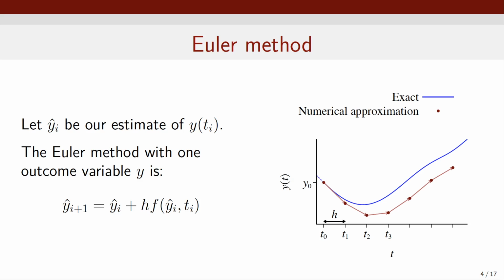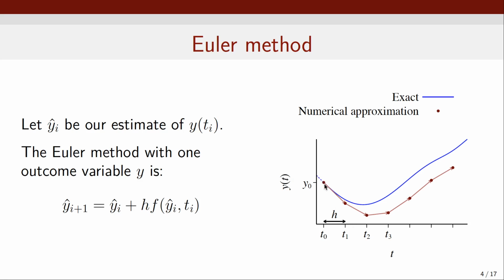Okay, so the first method we encountered when solving ODEs was the Euler method. That was based on approximating the slope at the first point, time ti, with the slope calculated as y at ti plus 1 minus yi divided by the time interval h.